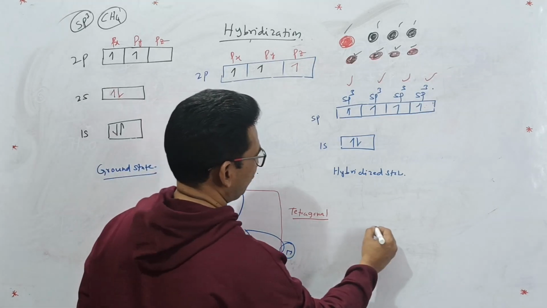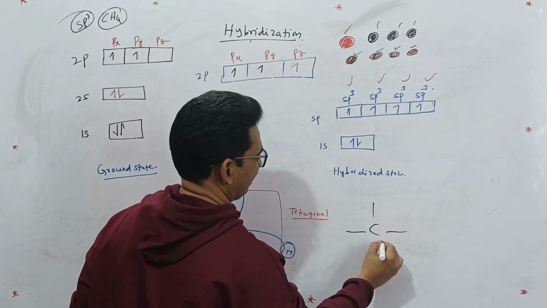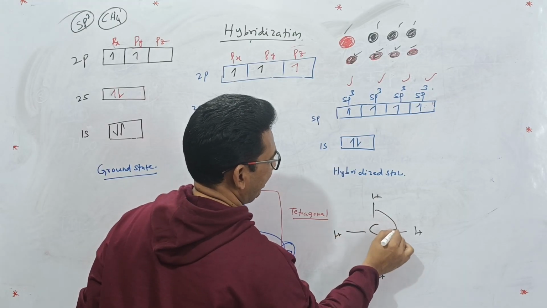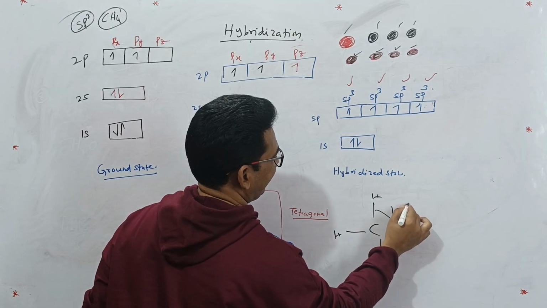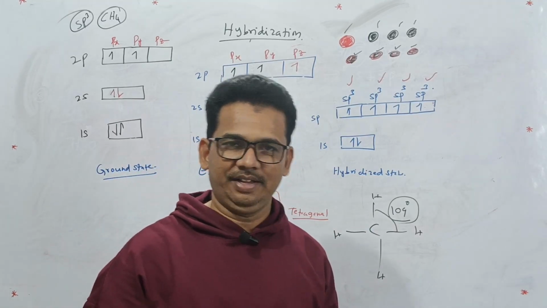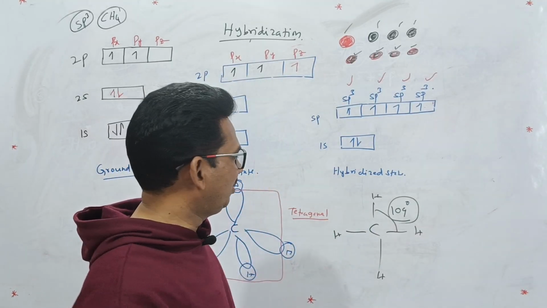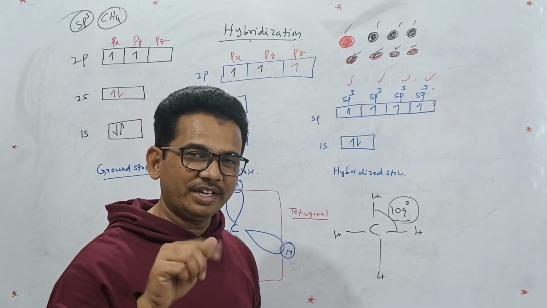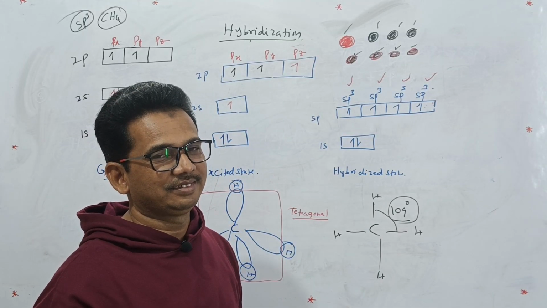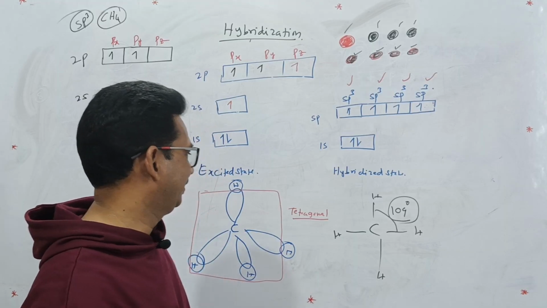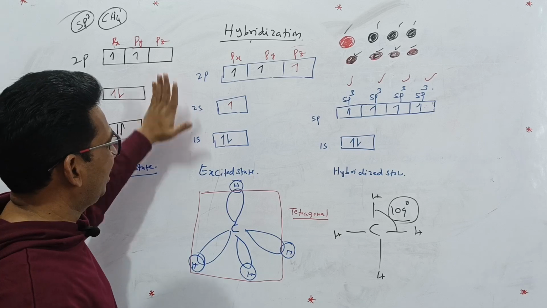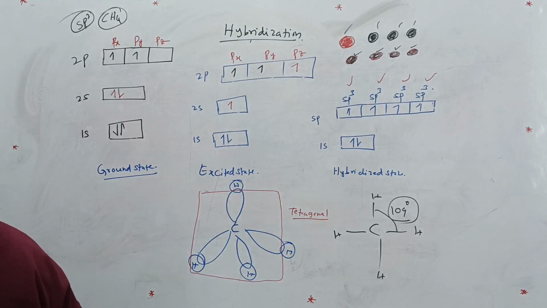Between the carbon and hydrogen, like this, the bond angle is always 109 degrees. You might have studied this in Baeyer strain theory. What is the normal tetrahedral angle? 109 degrees. Understood? Like that we do the sp3 hybridization.